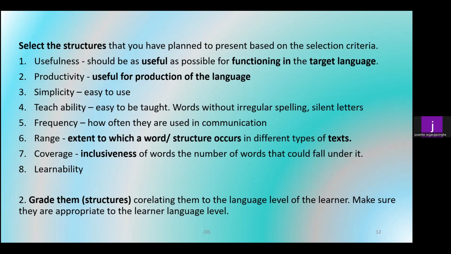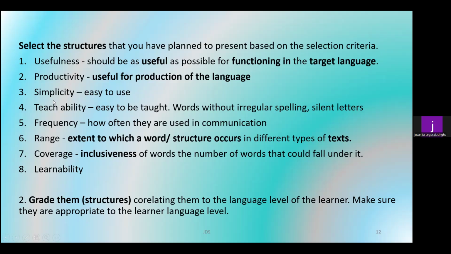You find it being used with so many words to negate them. Whereas the prefix "ir" has limited use. Ir, im, not like "un". So, consider the productivity of that structure.